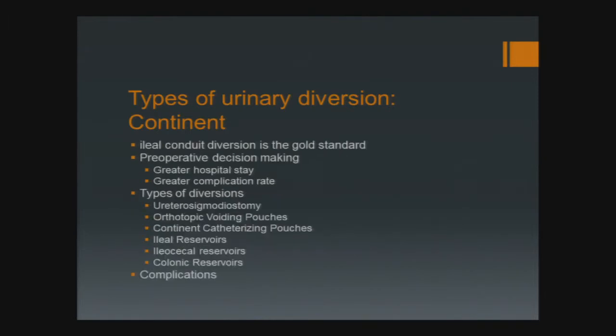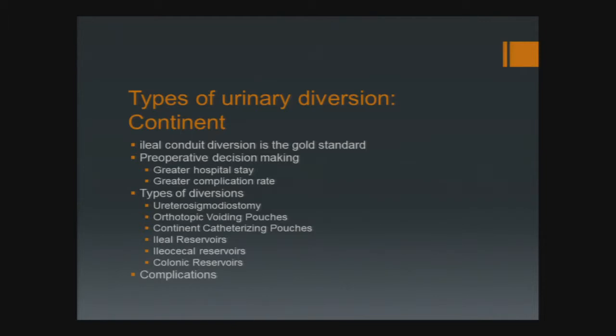All of these continent diversions need to be compared to the ileal conduit as the gold standard. These patients can expect a longer hospital stay and more complications, so informing patients of all of these complications beforehand is very important.